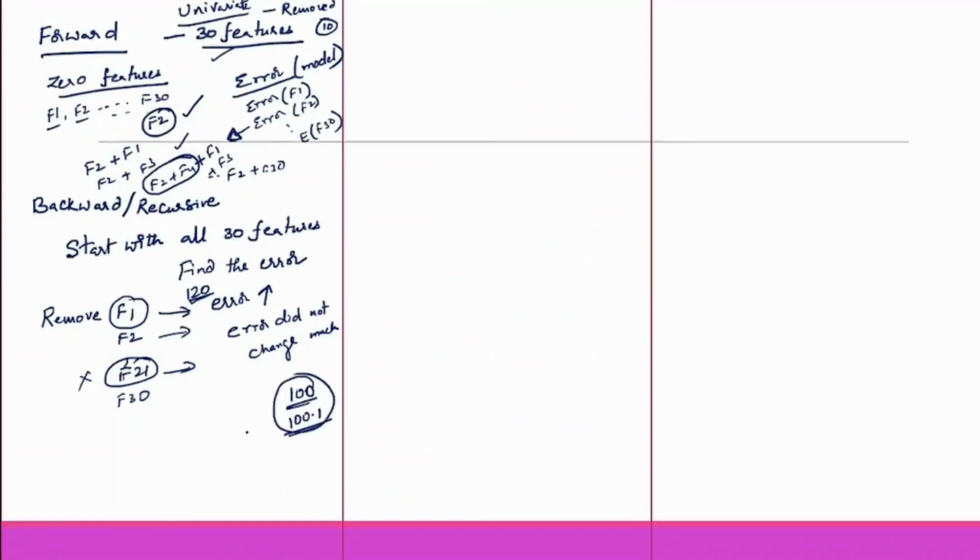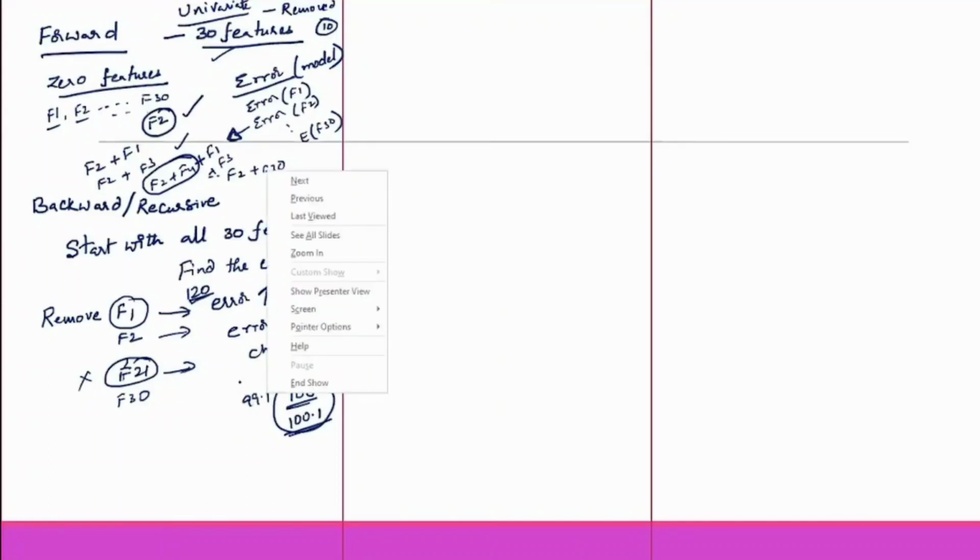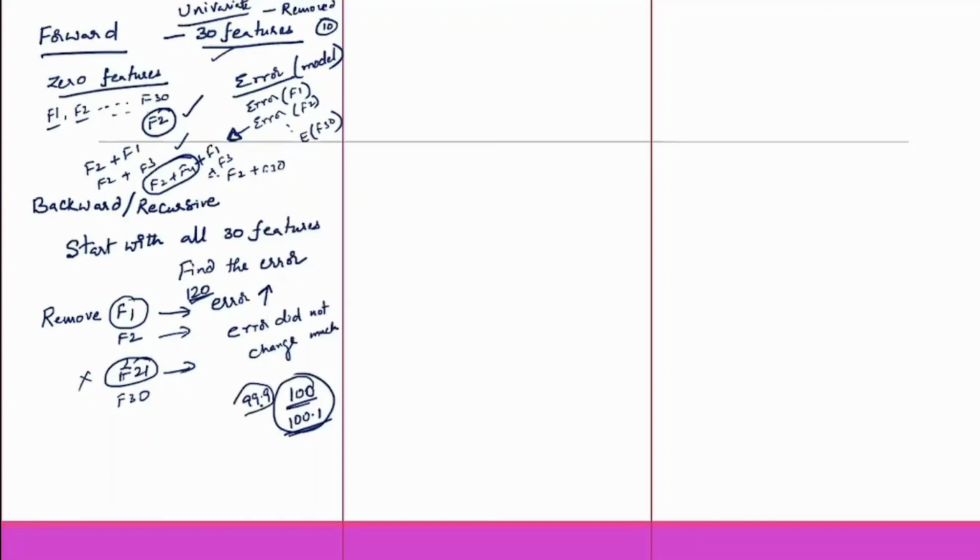Now, or probably when I removed this F21, let's say the error became 99.9, right? So it has actually reduced by removing it, or probably let's say it became 95 only.